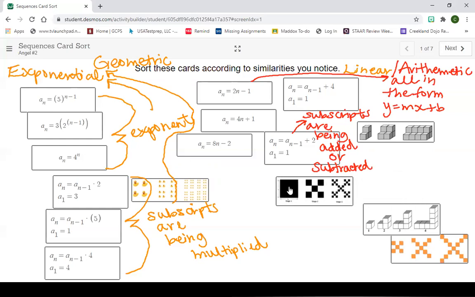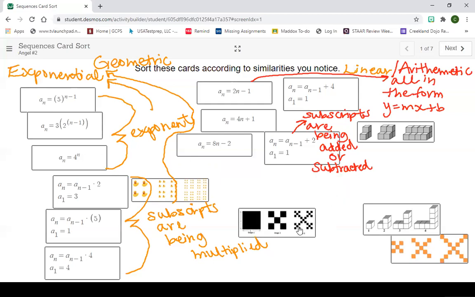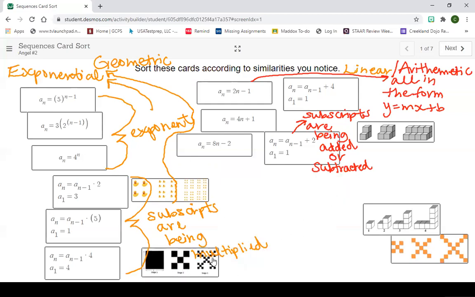All right, let's look at this one. This one, it goes from 1 square to how many? 5. So 1, 5, and then what? 25. So if you have 1, 5, 25, which? So what is that? Exponential. So you're multiplying by 5.